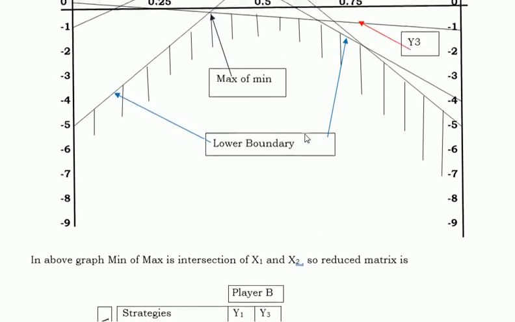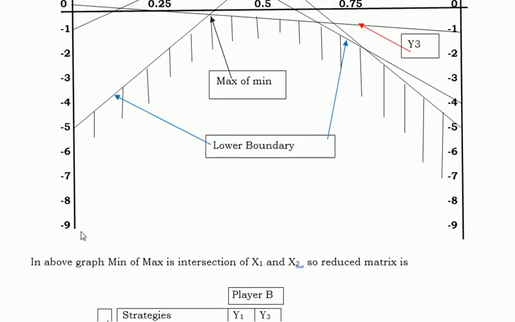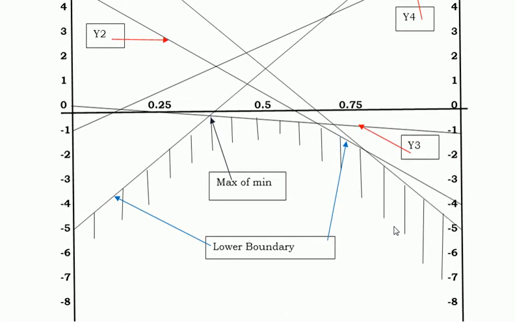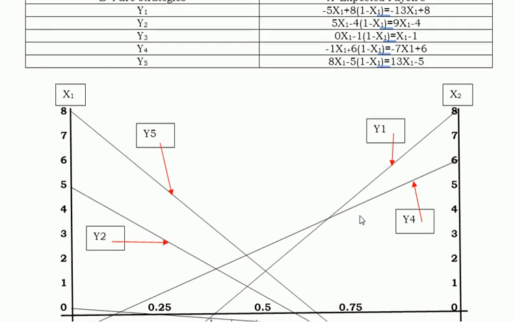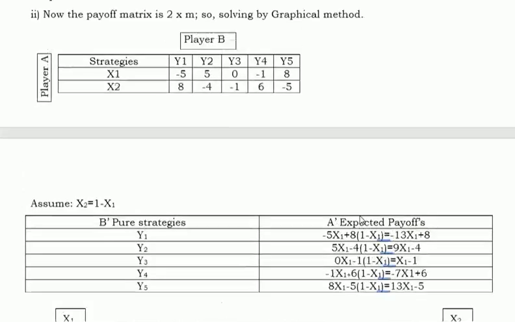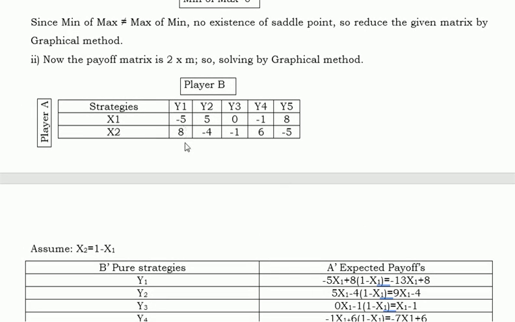You can take minus 5, even more than that. Here I have taken up to minus 9. You can take up to minus 7, no problem. And go on drawing a linear line for each pure strategy, y1, y2, y3, y4 and y5.